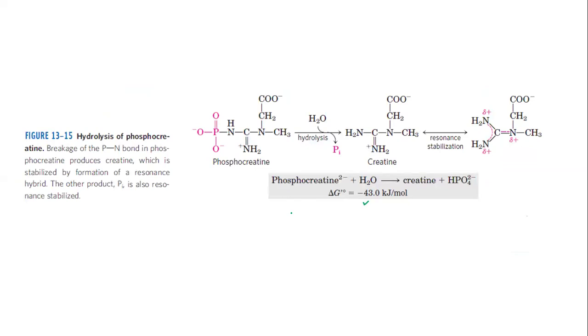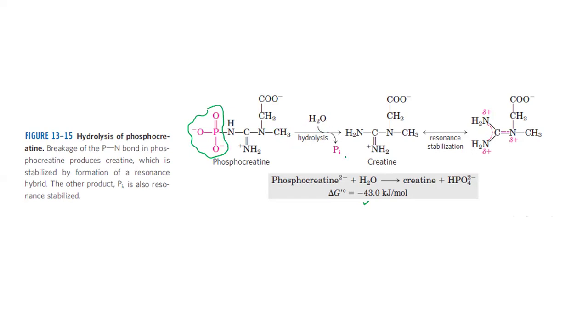Now the next structure is the hydrolysis of phosphocreatine. Here, this is the structure of creatinine to which the phosphate group is attached, and there is a bond between the nitrogen or amino group and the phosphate. When phosphocreatine undergoes hydrolysis, this phosphate group will be released by the addition of a water molecule.